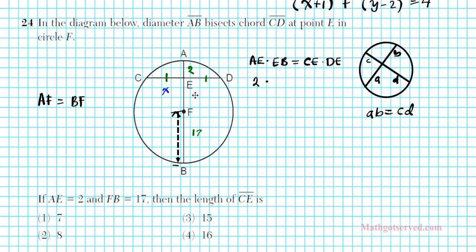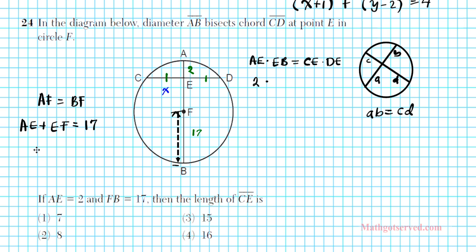We know that AF is made up of two pieces: AF is AE plus EF. And we know that BF is 17. AE plus EF add up to 17. If AE is 2, how many more do you need to make the entire thing 17? Basically 15.